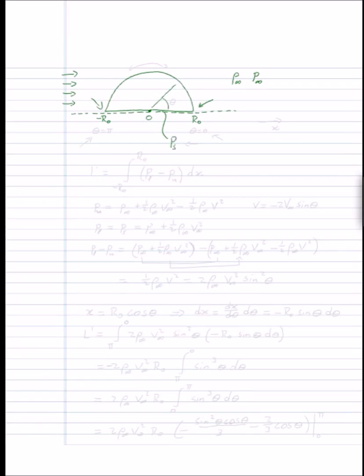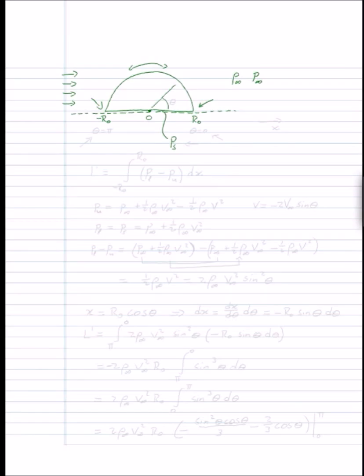Right, and so now what we want to do is evaluate the pressure distribution along the surface of the building, and then calculate what the lift is using potential flow theory. Okay, so that's going to be our aim. What is going to be the lift on this building?